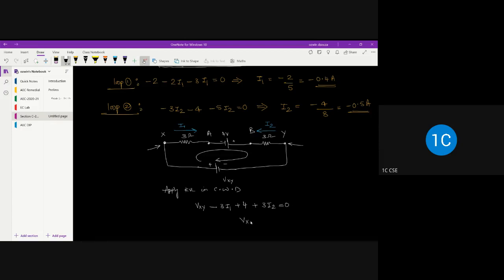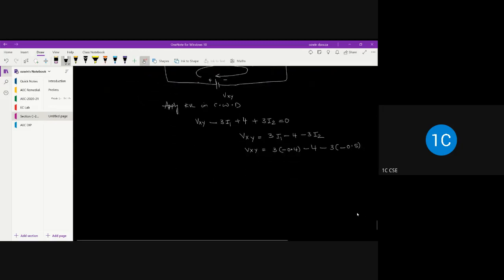Or Vxy is equal to 3I1 minus 4 minus 3I2, or Vxy is equal to 3 into minus 0.4 minus 4 minus 3 into minus 0.5. So that gives you Vxy is equal to minus 1.2 minus 4 plus 1.5.